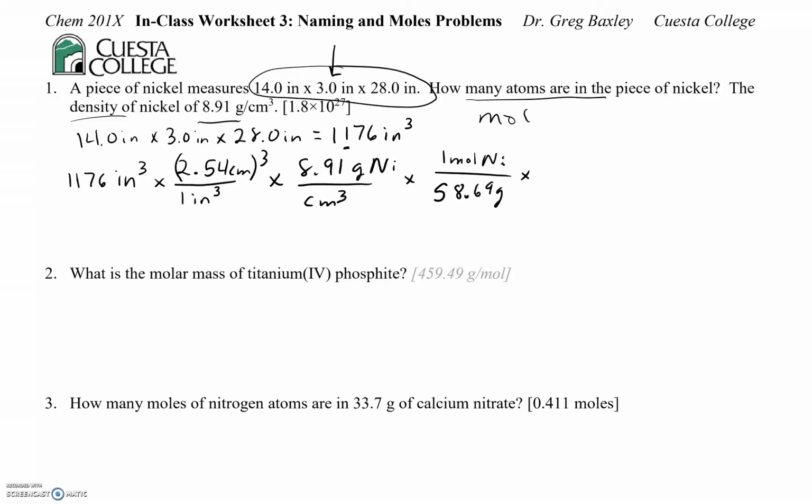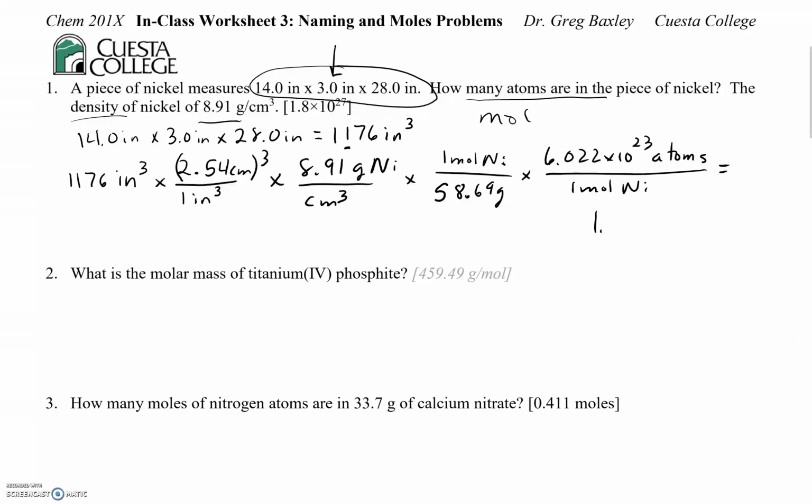And we can use Avogadro's number to calculate the number of actual nickel atoms present in that piece of nickel. Turns out to be an awful lot. 1.8 times 10 to the 27 atoms, limited to the 2 significant digits we had before.